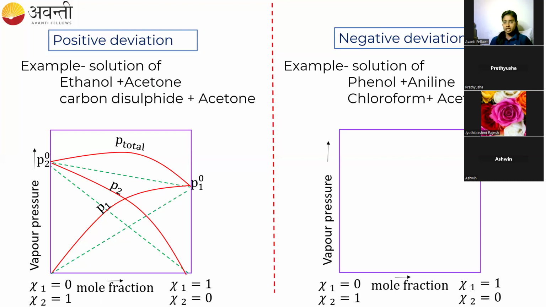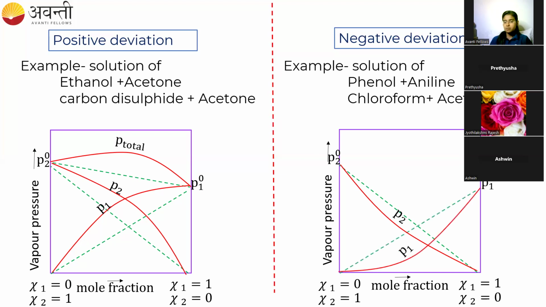Then coming to negative deviation, we will get a line below the ideal solution line. The same graph is given here, but the red line is below the green dotted lines. Green dotted lines denote ideal, and red denotes the non-ideal solution. So if the non-ideal solution line is below the ideal solution line, it will be the case of negative deviation.